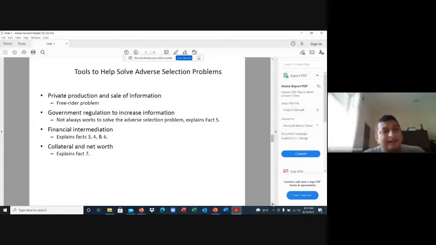Then the collateral and net worth. What is collateral? You go to borrow finances. The bank, or the financial intermediary, would ask you to keep part of your resources or assets. You want to borrow, they might ask you to pledge your motor vehicle.